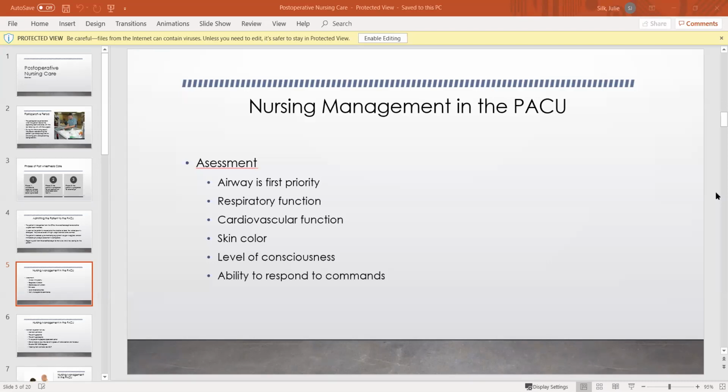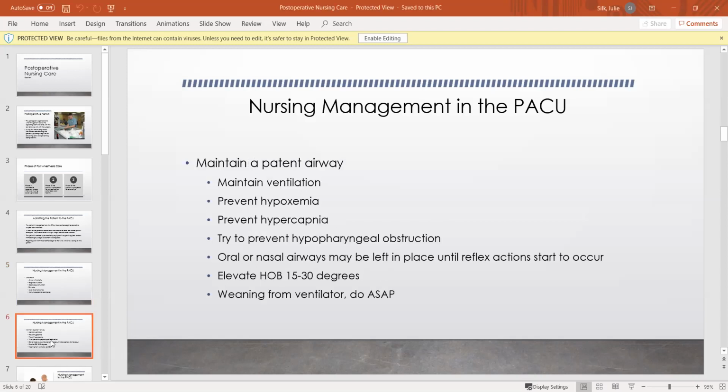Then cardiovascular would be our next concern, because remember, when we say ABCs, airway, breathing, circulation is what the C is. So that's going to be your cardiovascular.